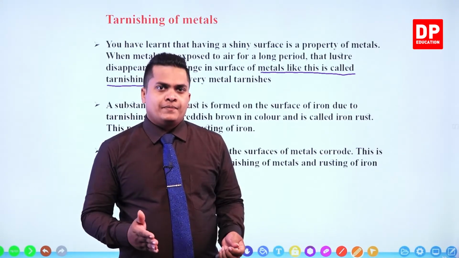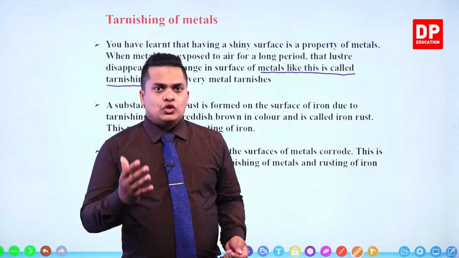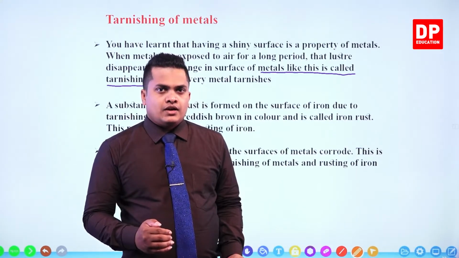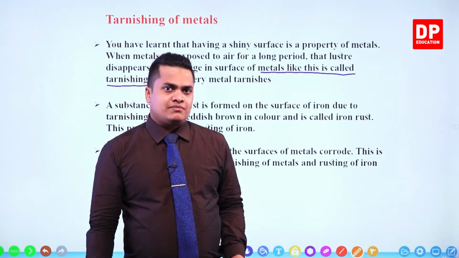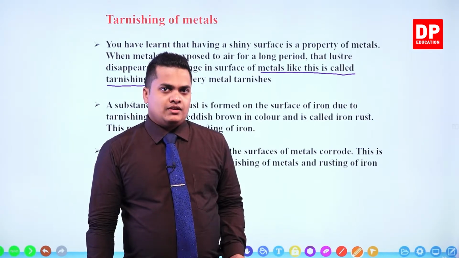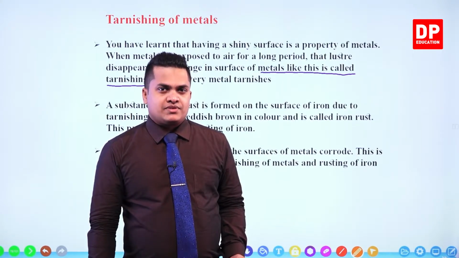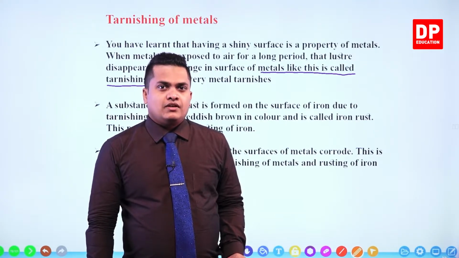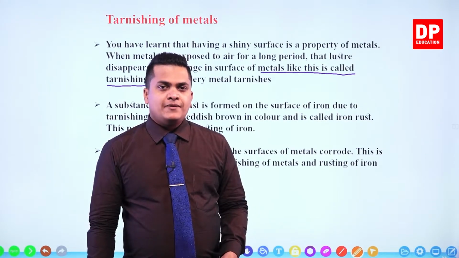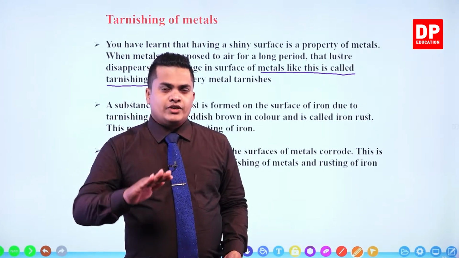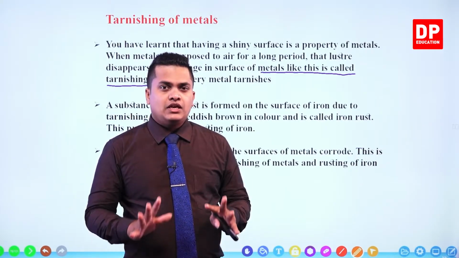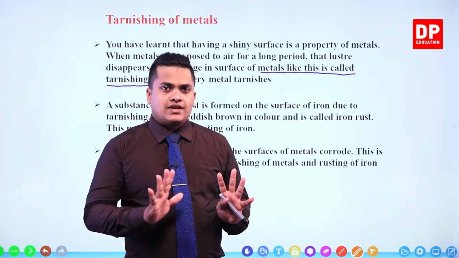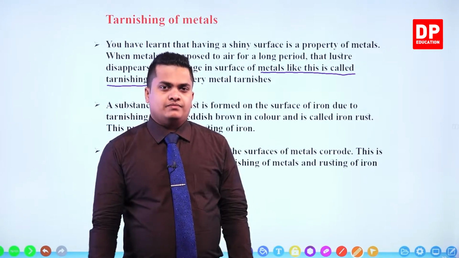If you take copper and brass, those metals are going to have a green color tarnished substance. If you check the surfaces, when time passes, a green color substance is going to cover the surface, and the shininess of the lustrous nature of the brass and copper will get reduced over time.